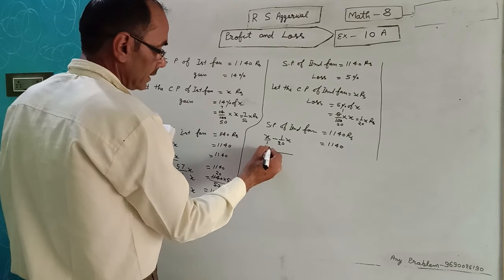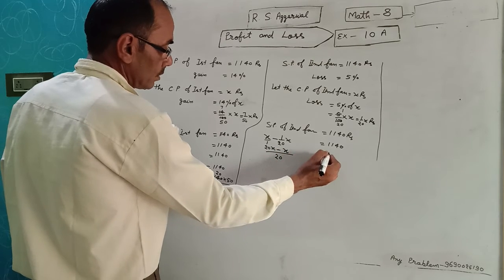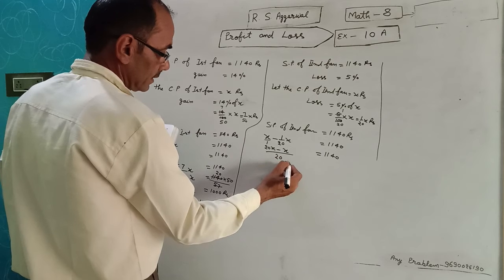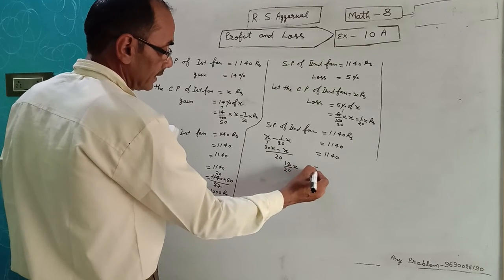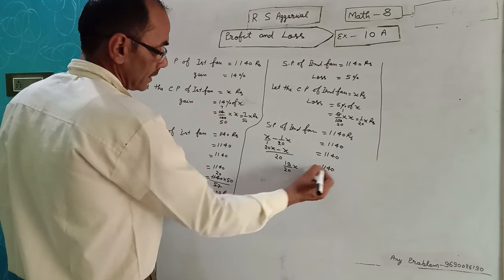LCM is 20. 20x minus x is equal to 1140. After minus, 19 upon 20x is equal to 1140.